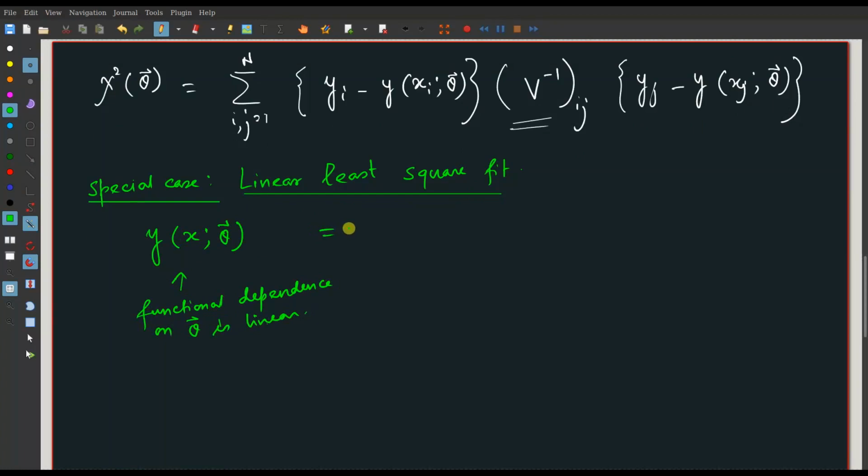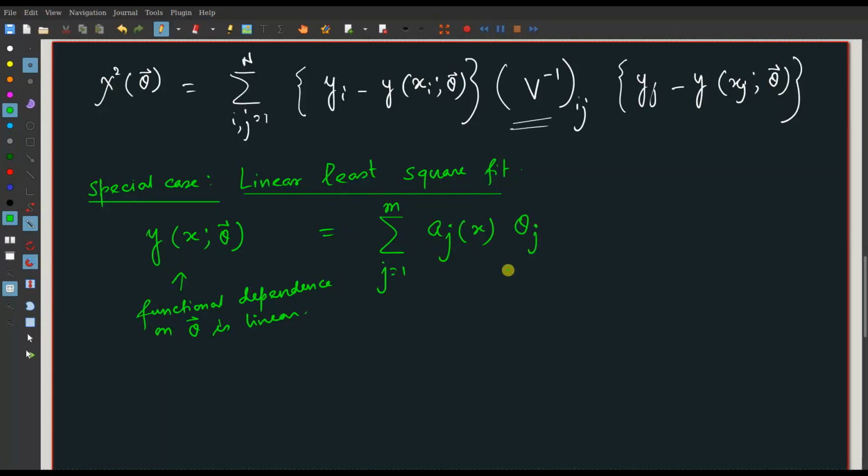What I mean is that, suppose I have m number of unknown thetas, then I can write it as a_j(x) times theta_j.